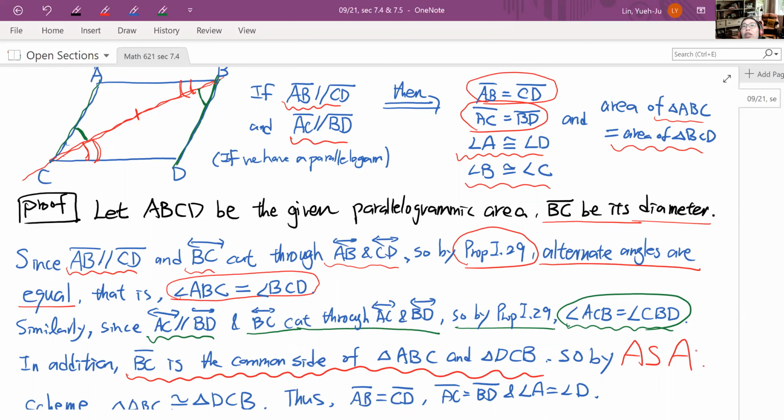You should not just depend on what I say or what other people say. I remember in homework 3, I told you to use SAS, but some of you gave me wrong conditions and still said this is by SAS. You can only use a congruence scheme when you really have the supporting evidence. You should not just randomly pick one because you think that's the one.